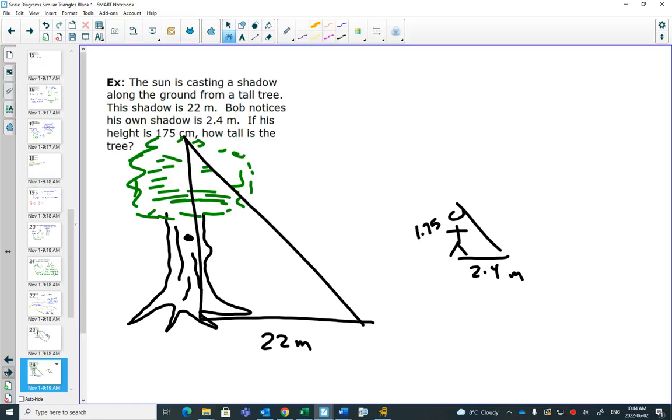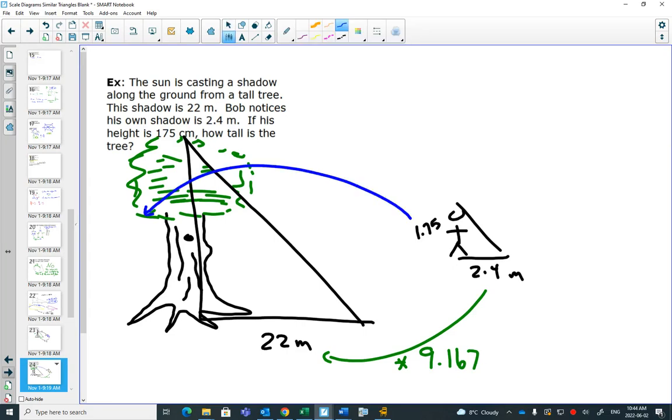So we notice going from here to here, how much are you multiplying by? 22 divided by 2.4. 9.167. Then you could take this length and multiply it by 9.167. And you get 16.04.